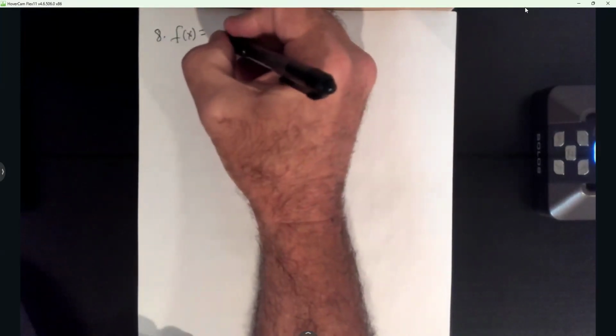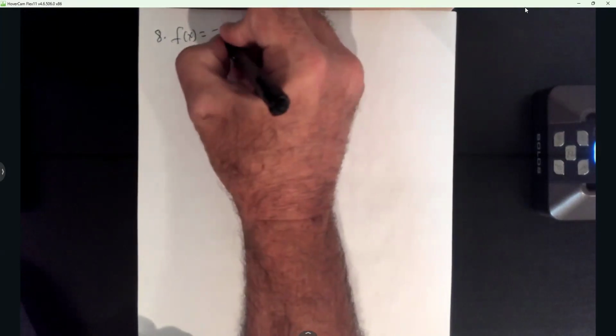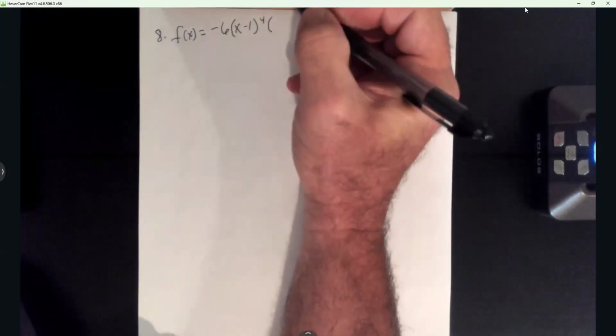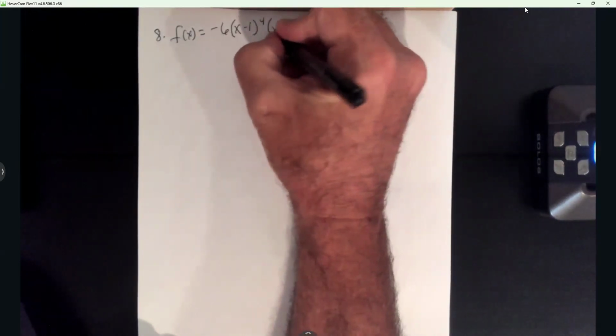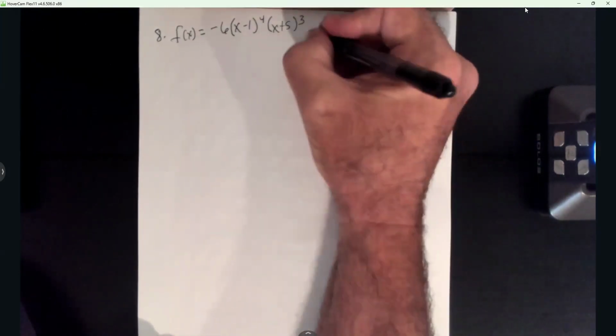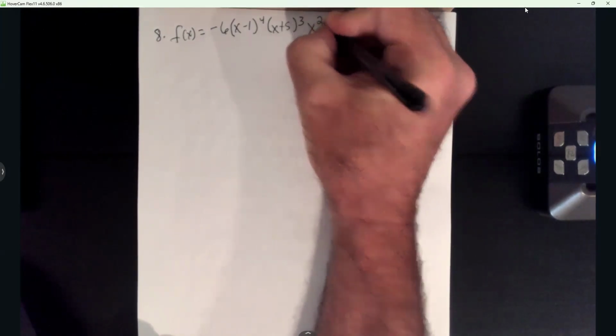And y'all, this one will be like y'all's number 8. So this time they're giving me f of x equals -6 times x minus 1 to the fourth times x plus 5 to the third times x squared.